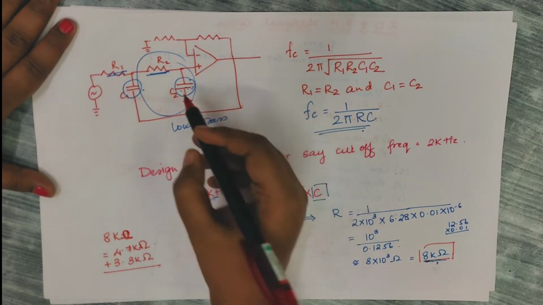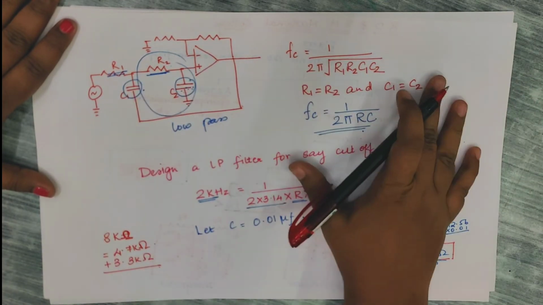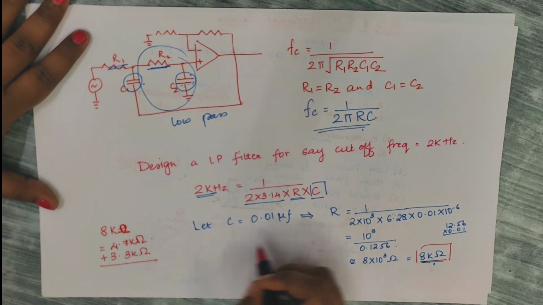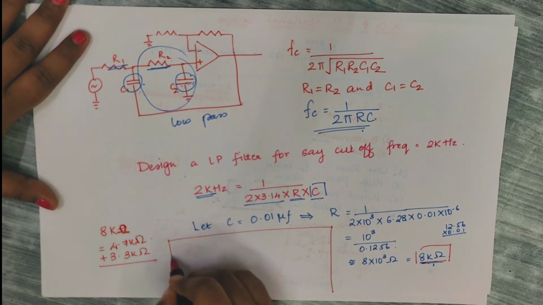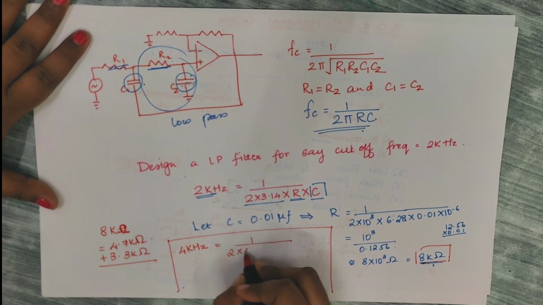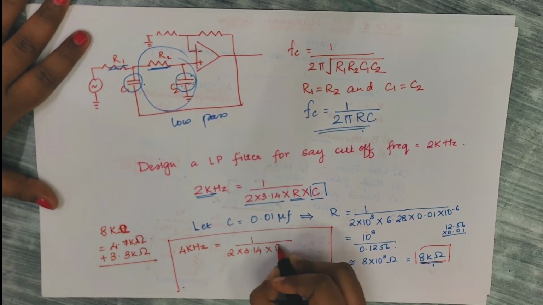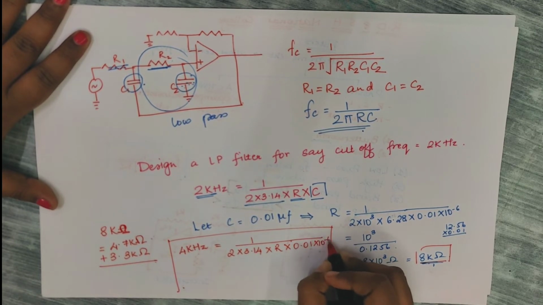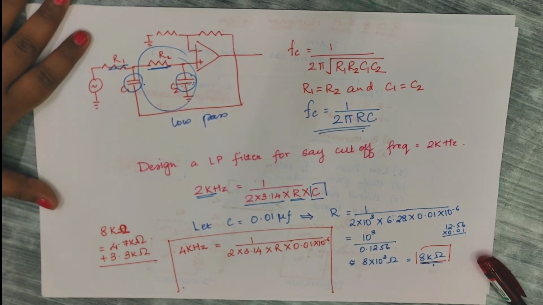Similarly, now let's see what the calculation will be for high pass. I have not drawn high pass second order, but I am just showing you the calculation. Let's say I've been told to generate a 4 kilohertz high pass filter. So same thing, 2 into 3.14 into R, and I will assume my C again to be 0.01 microfarad.